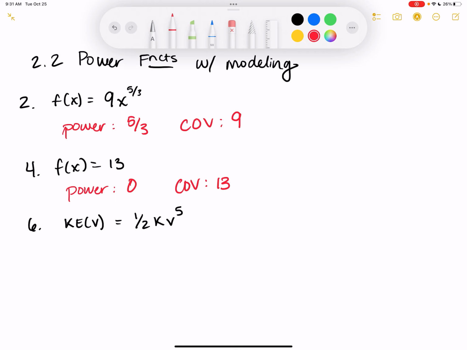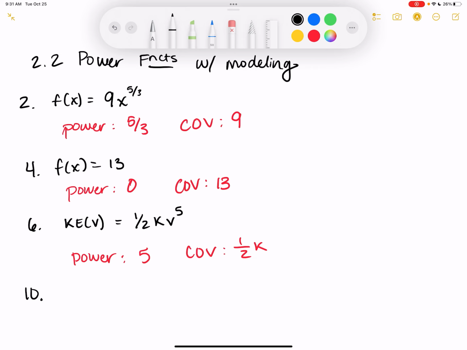It is a power function. The power is 5. And the constant of variation? 1/2, because k is a number in this case.